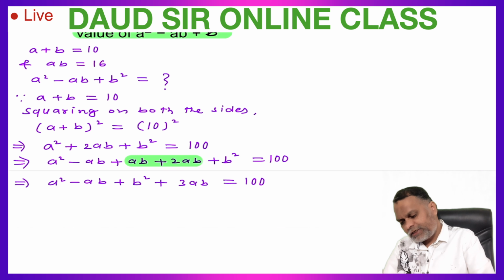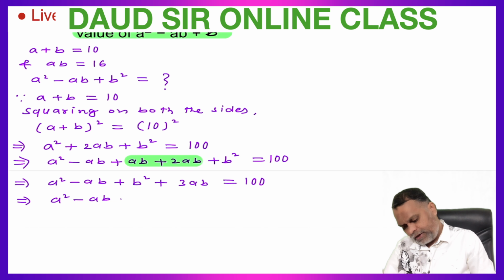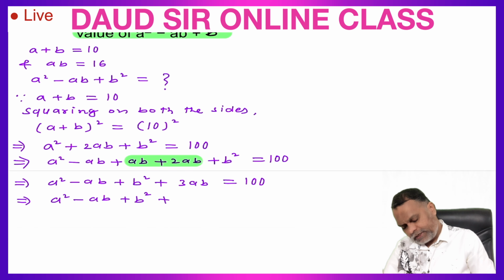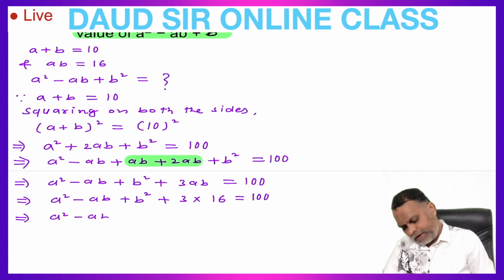Ab is given 16. So a square minus ab plus b square plus 3 into ab, given 16, is equal to 100, which implies a square minus ab plus b square plus 16 3s are 48 is equal to 100.